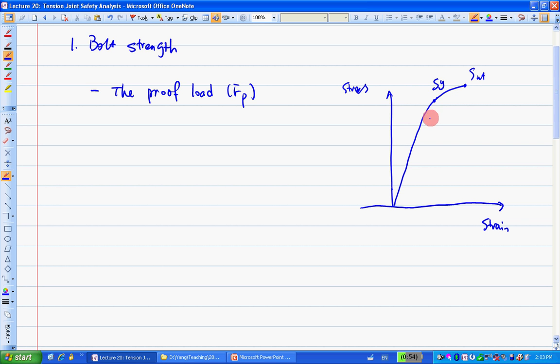If you remember the stress strain diagram, there's a point called the proportional limit point. That's the limiting point for this proportional straight line here. This point is defined as SP.